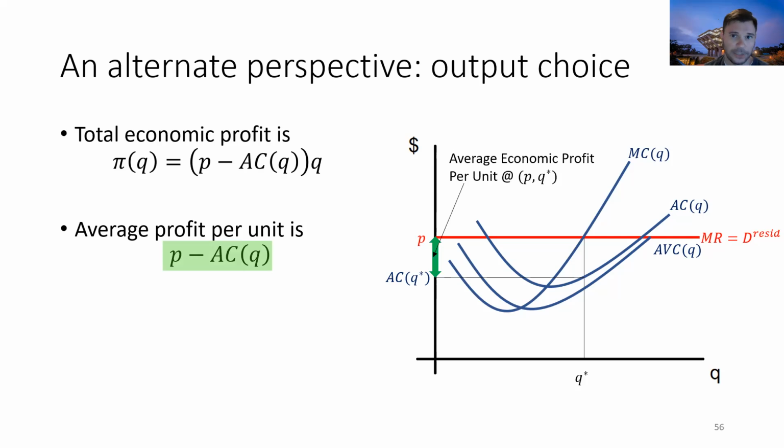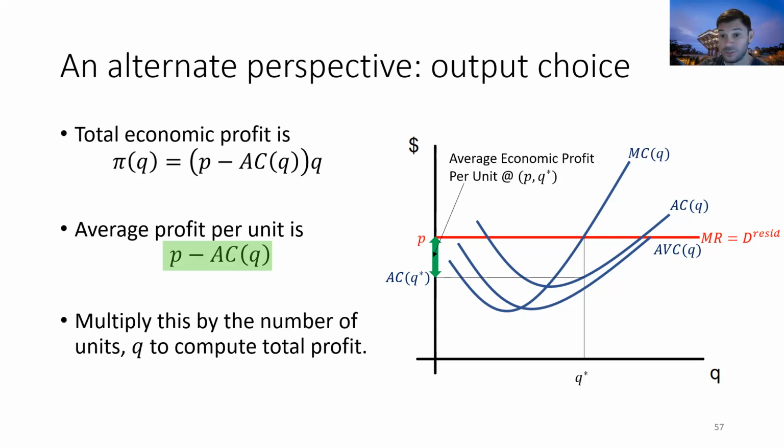If we want to calculate the total profit, then all we have to do is take that green distance and multiply it by what? Yeah, we'll just multiply it by Q. Exactly. Very good. We'll multiply by the number of units we're producing, and that is this horizontal distance here out to Q star.